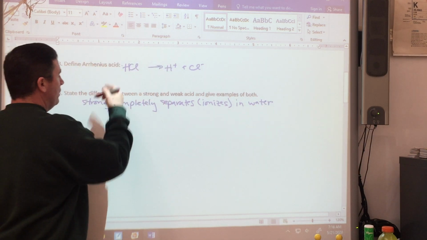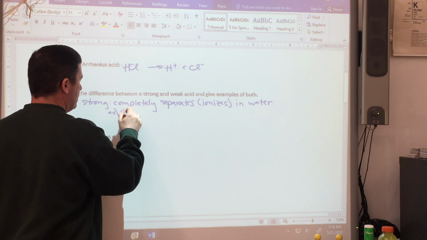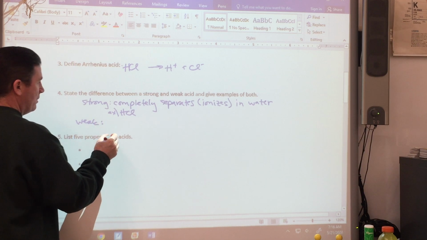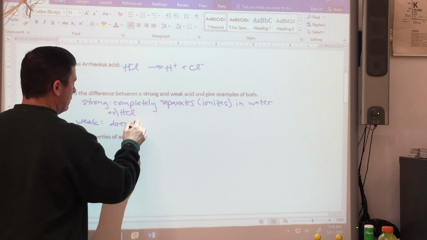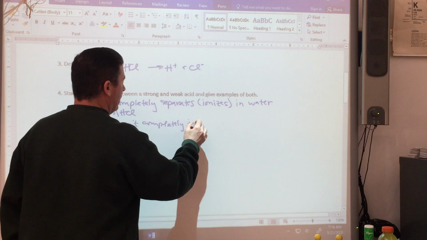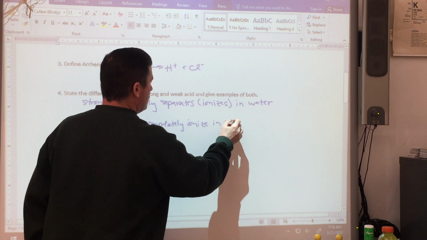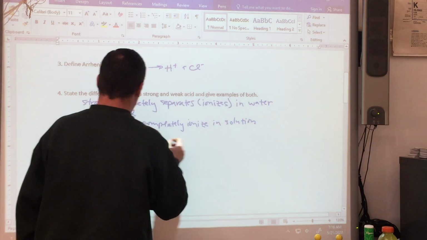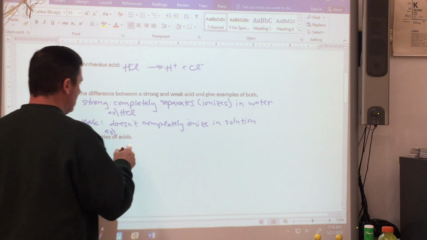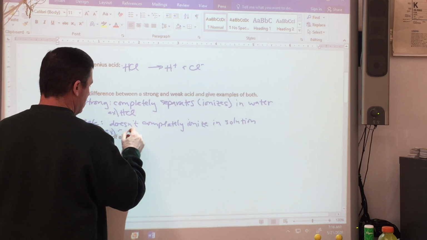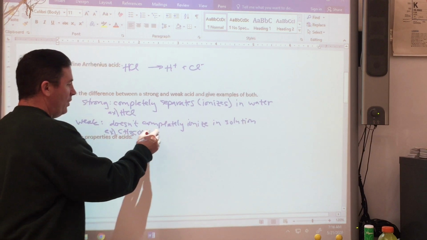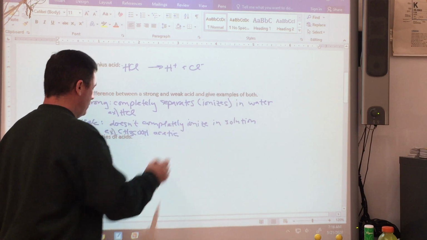An example of a strong acid is hydrochloric acid, and a weak acid doesn't completely separate or ionize in solution. An example of that, and you'll find this in the worksheet for tonight, is acetic acid, which is CH3COOH, acetic acid.